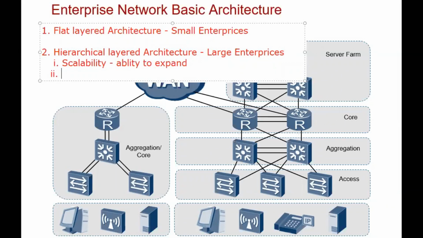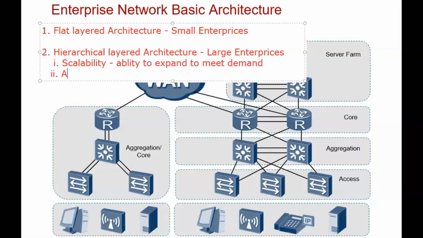To date, the population is about 6,000. The network that supported those 2,000 students cannot be the same network that is supporting 6,000 students. It needs to grow with the demand. The ability of a network to grow is what we call scalability. So flat layered architecture does not scale. It cannot expand to meet demand.